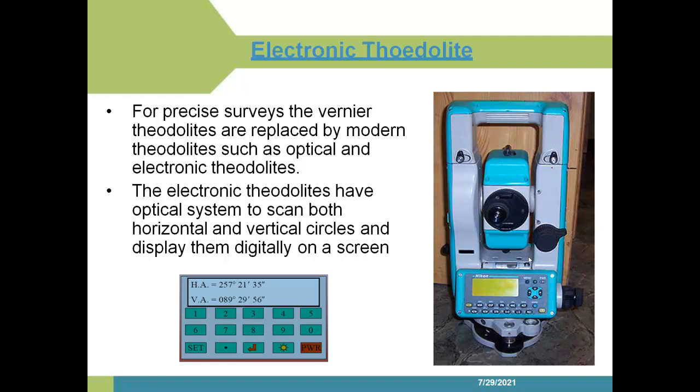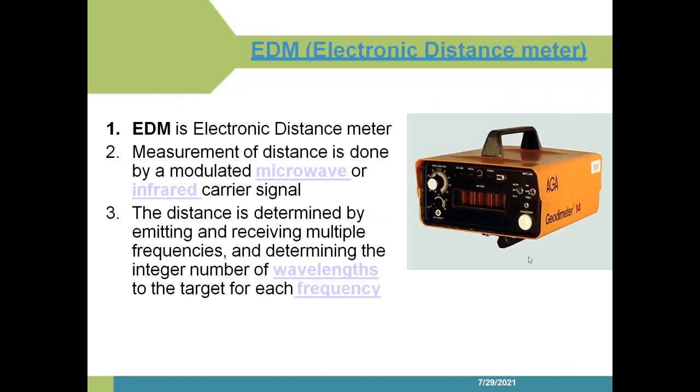But in the digital theodolite, we are able to get the horizontal angle and vertical angle on a digital screen. Even for a small level of adjustment, the function will vary. So from that, we are able to get the reading as soon as possible.